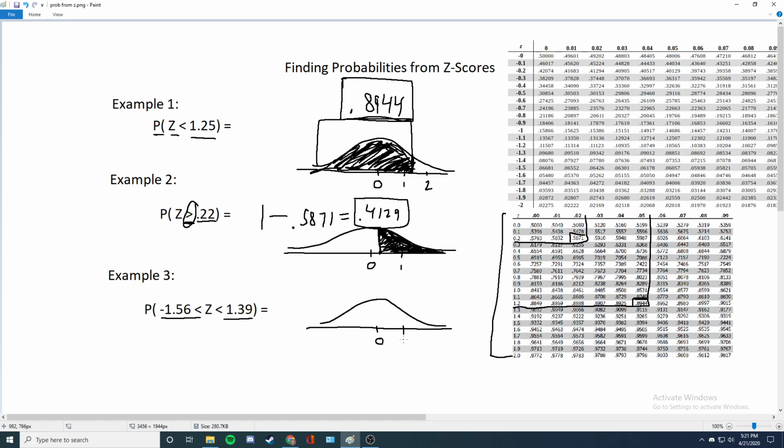So we've got 0, 1, 2, negative 1, negative 2. Negative 1.56 is right about there, and 1.39 is around there. We want to find all the area in between these two values.